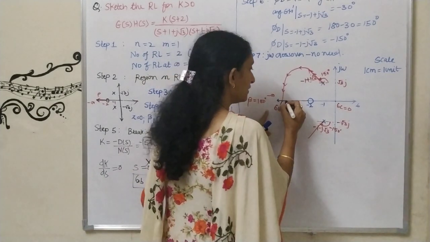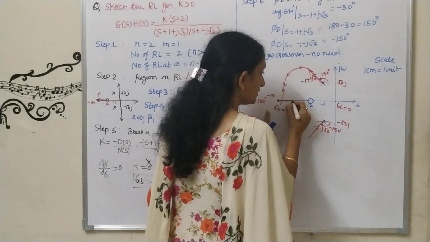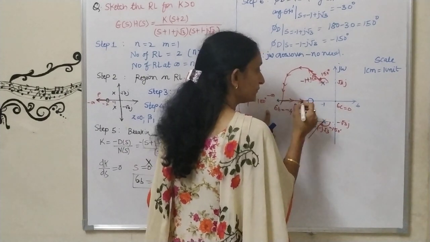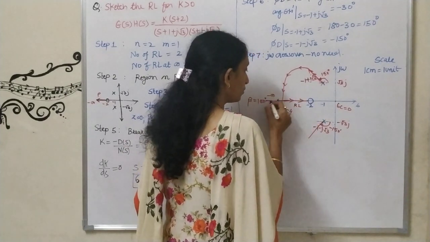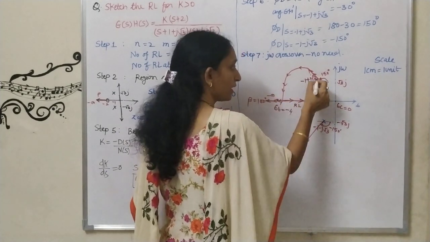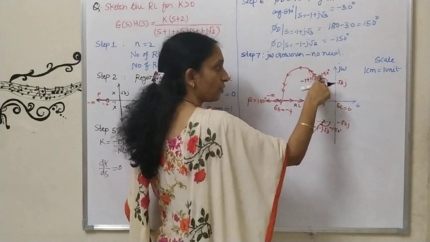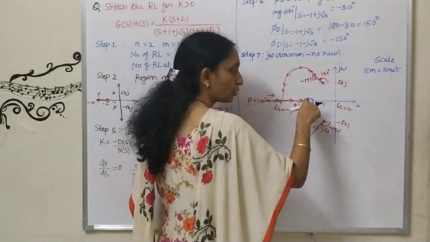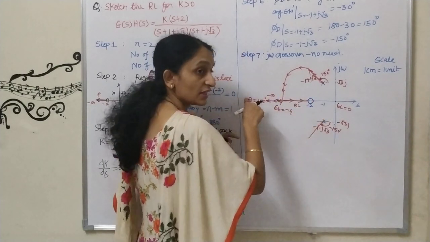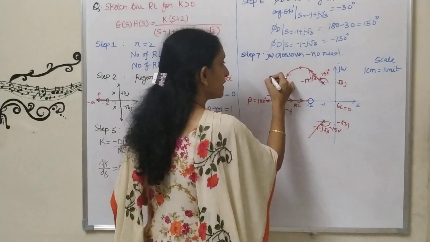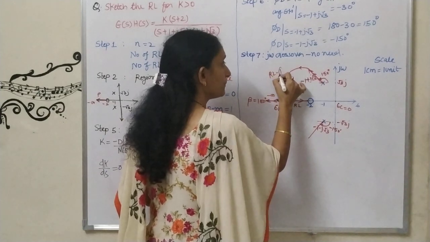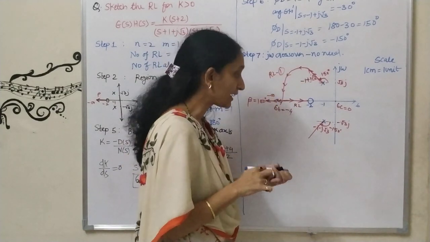Okay. Then, look at this, it may go towards 0 or it may go towards infinity. Okay. See, root locus is starting from the pole. It may go towards 0 or it may go towards infinity. Okay. So this is my first root locus, number 1, I am saying.